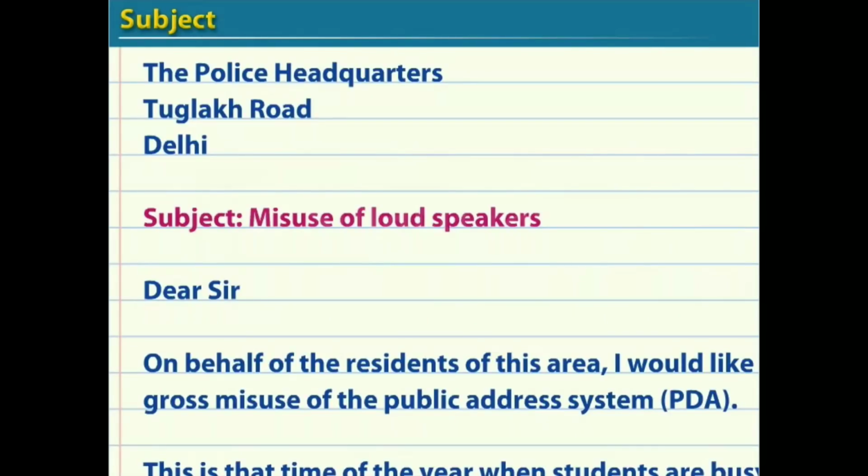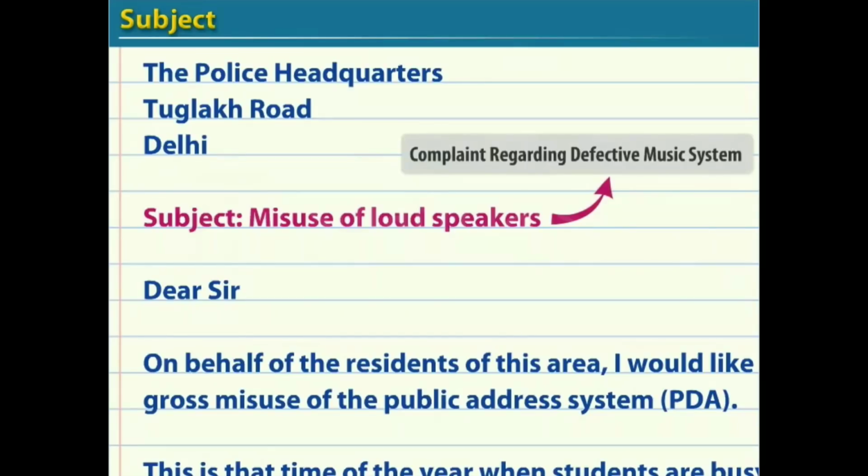Be careful in choosing words. You complain regarding products and against people or service. For example, complaint regarding defective music system and complaint against steward. It would be incorrect to write complaint against defective music system and complaint regarding steward.